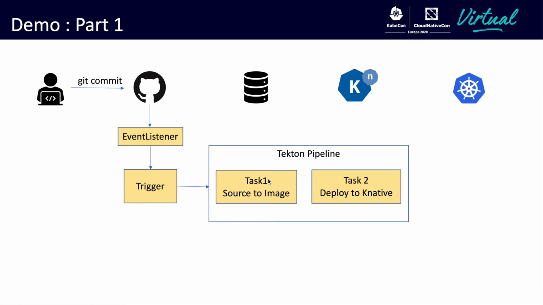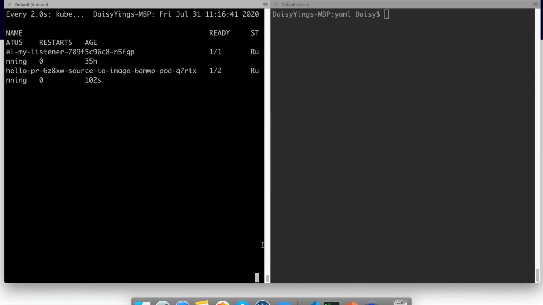The Tekton pipeline has two tasks. One task is to build the source into a container image and push it to the image registry. The other one is to deploy objects to Knative. Let's see the detail.